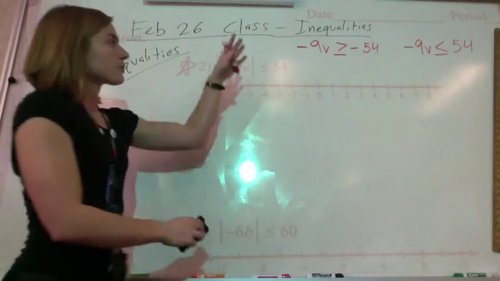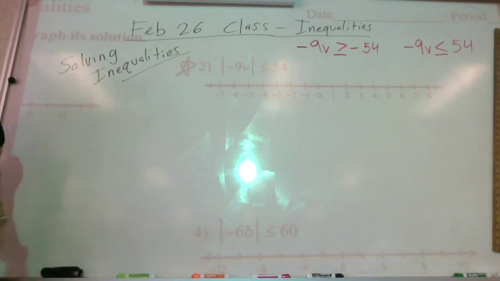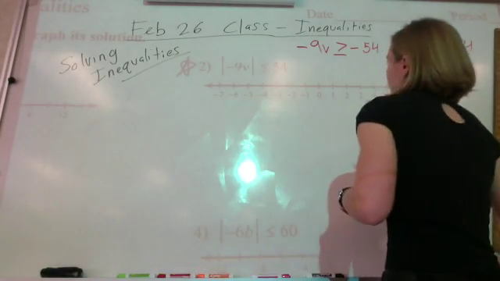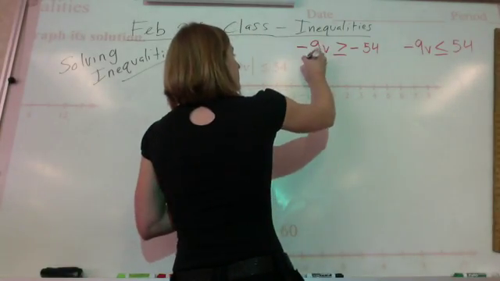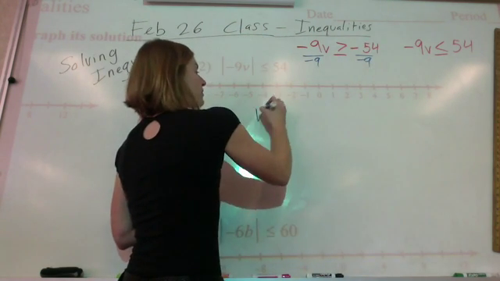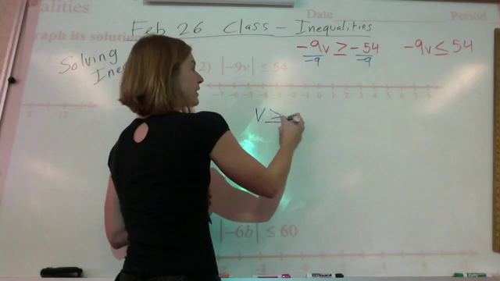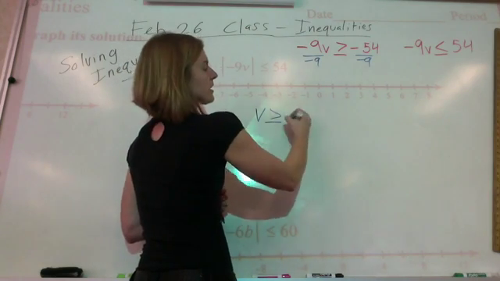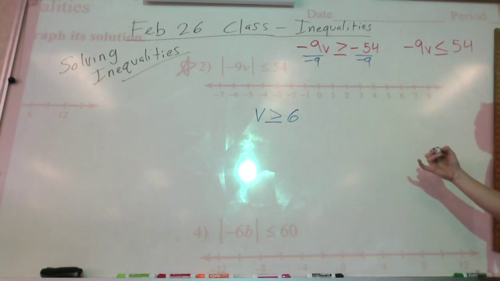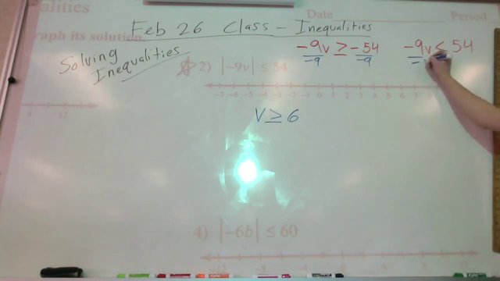All right. So I have a negative 9v on both sides. The negative 9 is multiplying. We can divide by negative 9. So v is greater than or equal to, what is that, 6? Yeah. Same thing on this side.